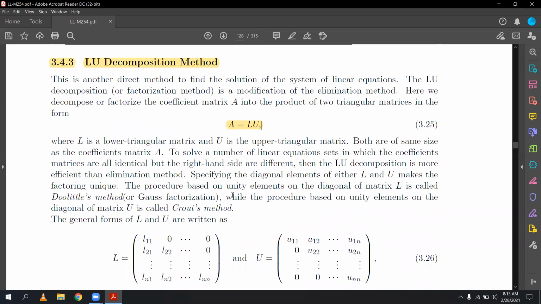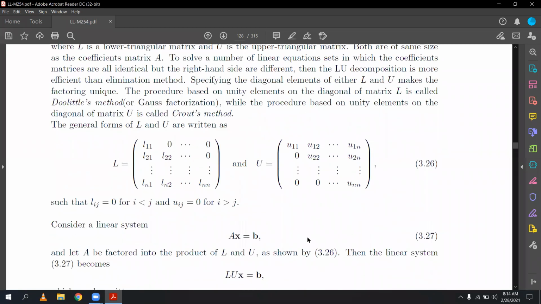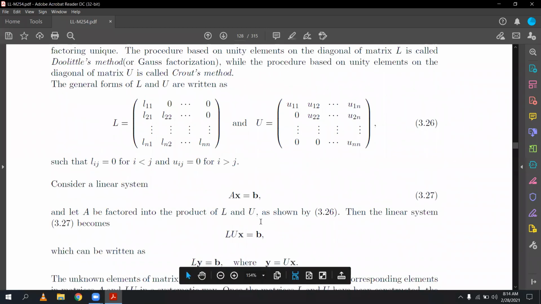After we have the values of L and U, L looks like this. You know the lower triangular matrix: all the elements on the diagonal and below may be nonzero, above must be 0. And what is the upper triangular matrix? All the elements on the diagonal and above may be nonzero, but below must be equal to 0. So in the first step, we convert A into LU.